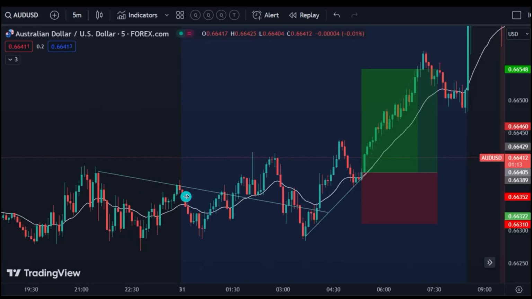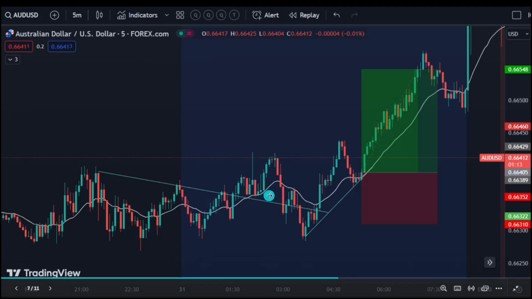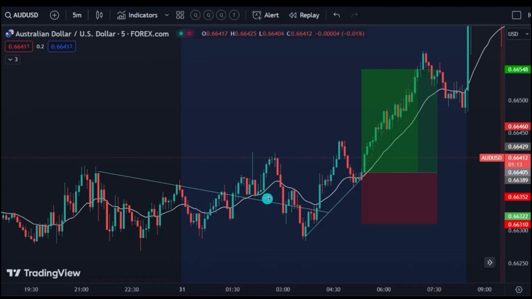In this example, we're looking after midnight, after 2 o'clock. We see there is a trend line broken, but we are already close to the liquidity level. And we do have a 3 Trendline Touch, which is 1, 2, and 3, and a cross of the 20 EMA. However, as we said before, we are too close to the liquidity area.